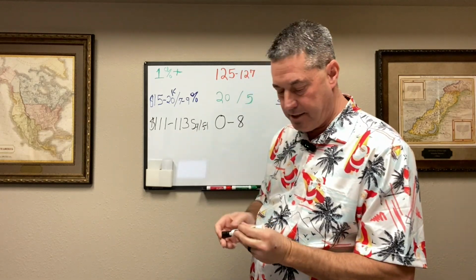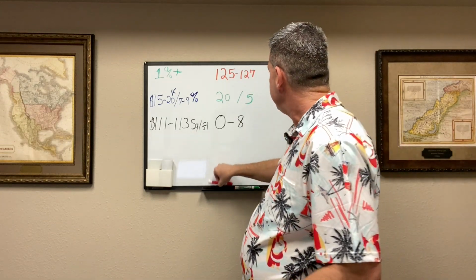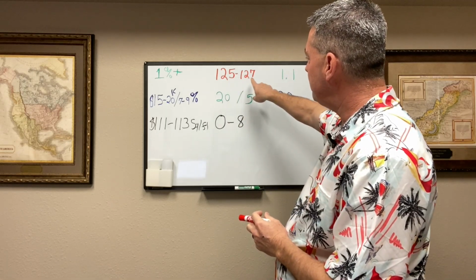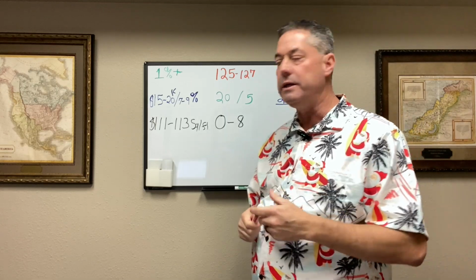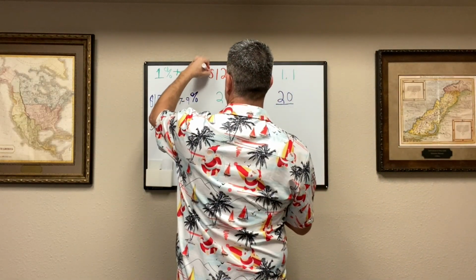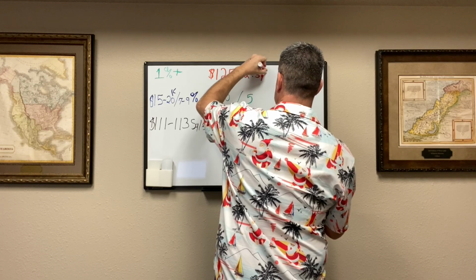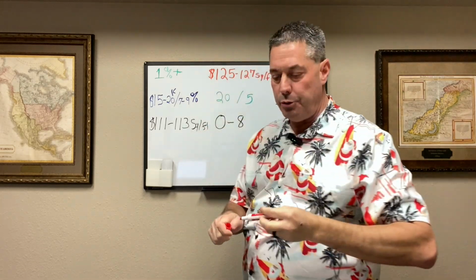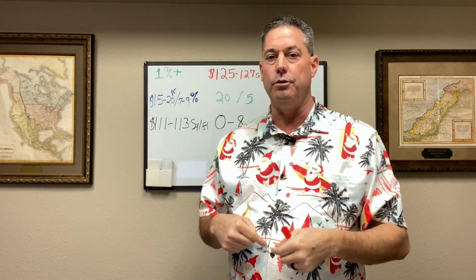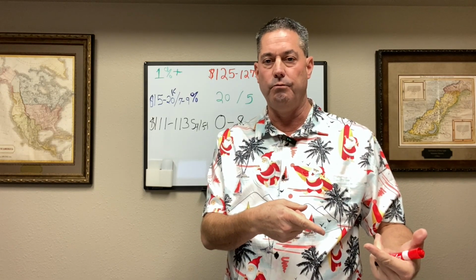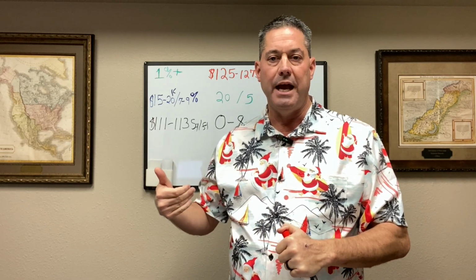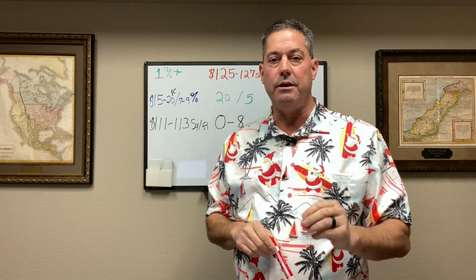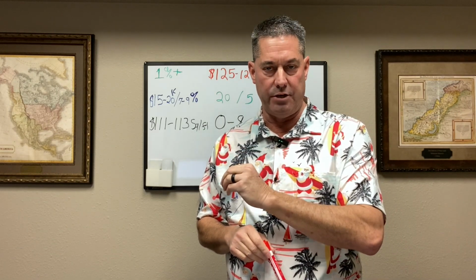The next number is my 125 to 127. That is my final cost all in when I'm finished with the build. This includes all costs, including closing costs on the construction loan, the interest carry for the build, and the closing costs on a 30-year mortgage.